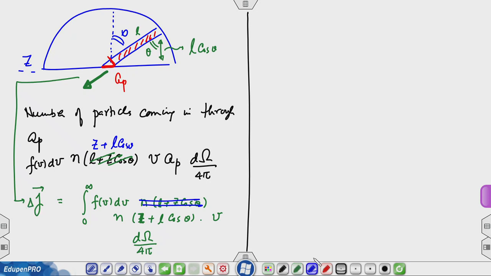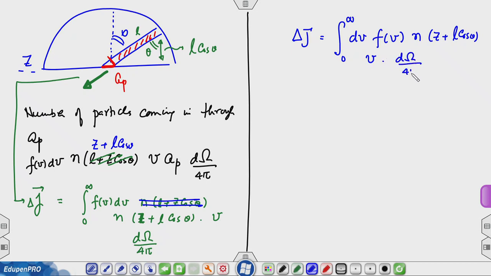So let me write it again. Delta J is equal to integration 0 to infinity dv f(v) n(z plus L cosine theta) times v times d omega over 4 pi. And this is in a particular direction. So if I were to calculate Jz, this will be equal to summation of all these delta J times cosine of theta, because that will be the component in the z direction.